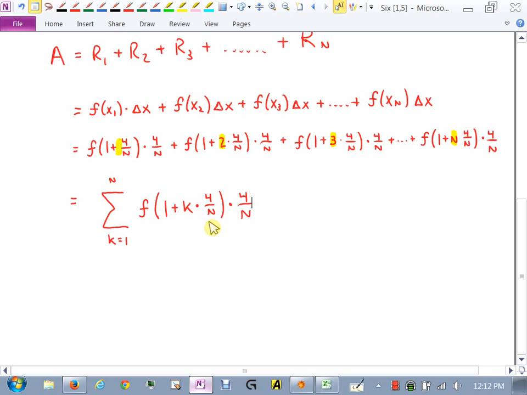It's 1 plus k times 4 over n squared. But the f will go away, won't it? So watch, I'm going to do sum k equals 1 to n of 1 plus k times 4 over n, that quantity squared, and then 4 over n. So f has gone away.